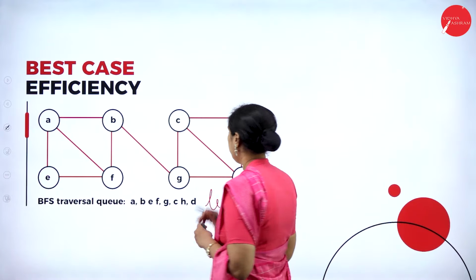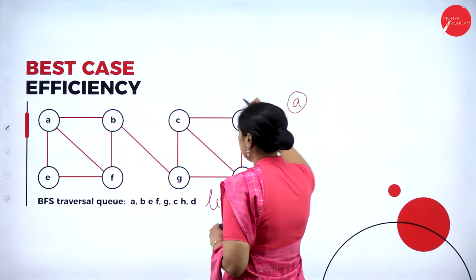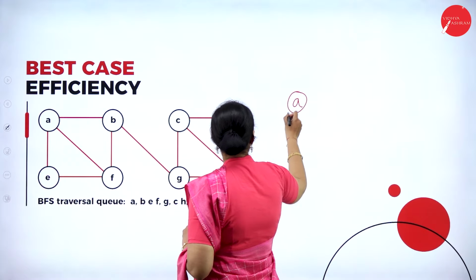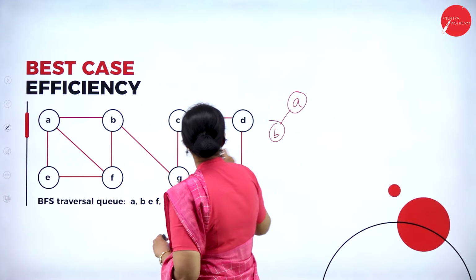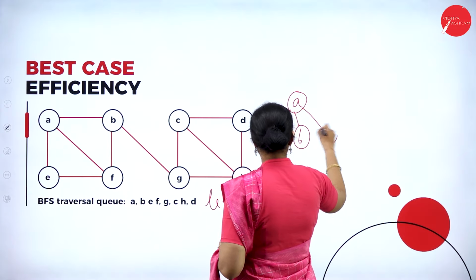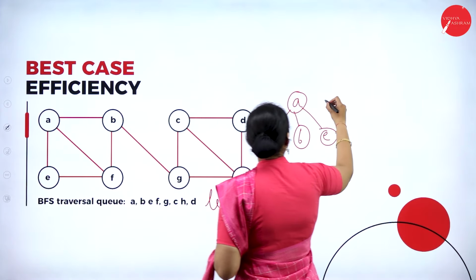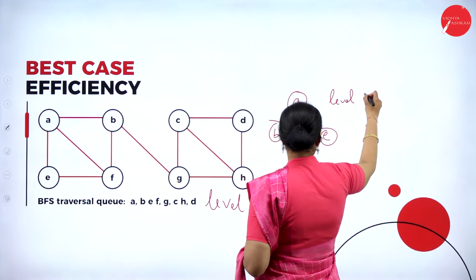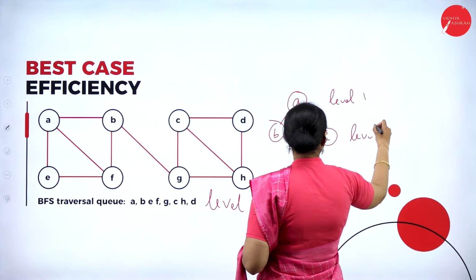Okay. The very first example is the same. I'm going to write A is connected to B. A is also connected to F and E. I'll write this as level 1, this as level 2.